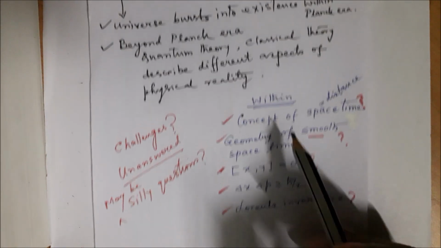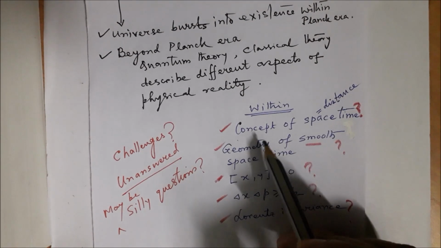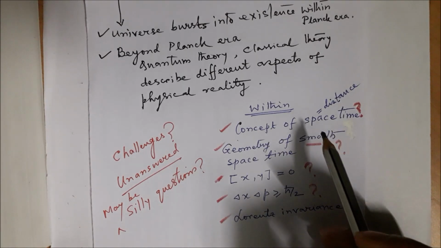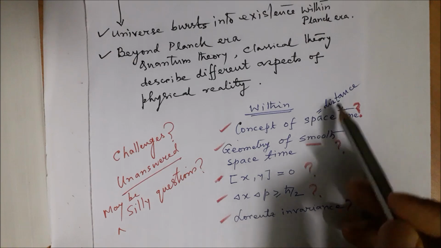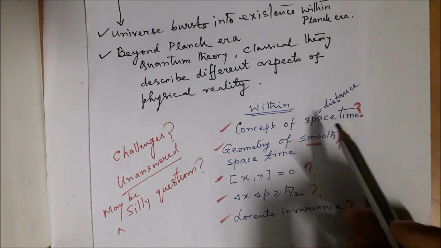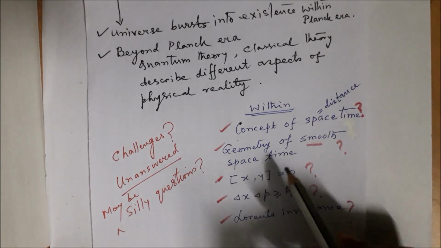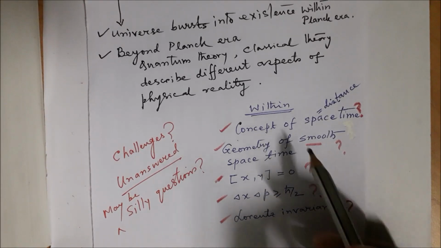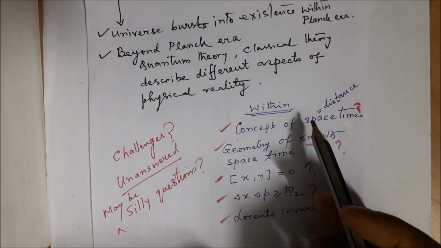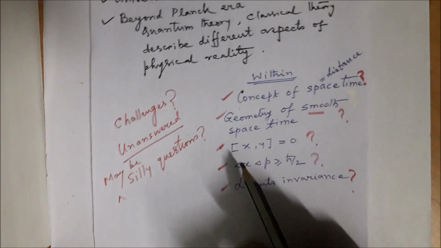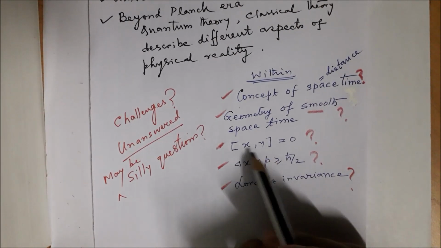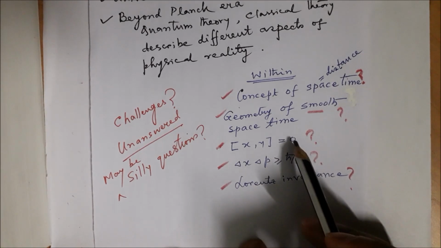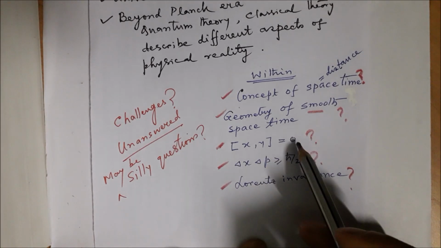Within the Planck era, the concept of space-time, does it hold water? Does it have any meaning? The distance, the time, do they have any meaning? The geometry of smooth space-time may suffer a disruption within Planck era. The fate of this commutation relation of x and y, which we know to be zero, may not be so.